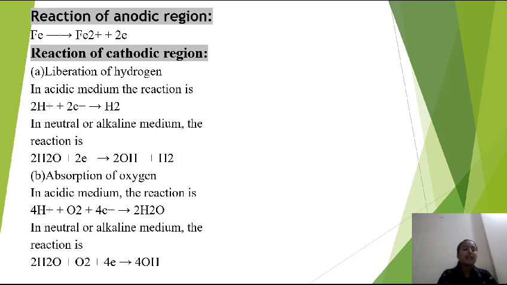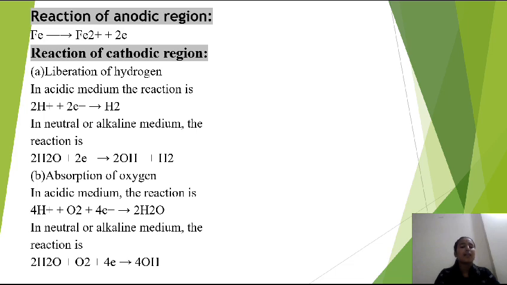Next we can see the reactions. Reaction at the anodic region: Fe gives Fe2+ plus 2 electrons. Reaction at the cathodic region: liberation of hydrogen. In acidic medium, the reaction is 2H+ plus 2 electrons gives H2. In neutral or alkaline medium, the reaction is 2H2O plus 2 electrons gives 2OH- plus H2.